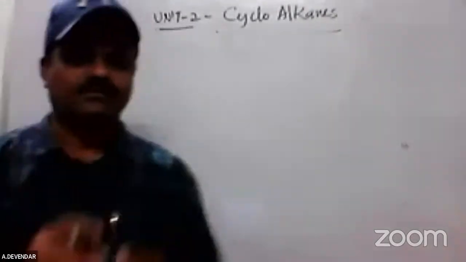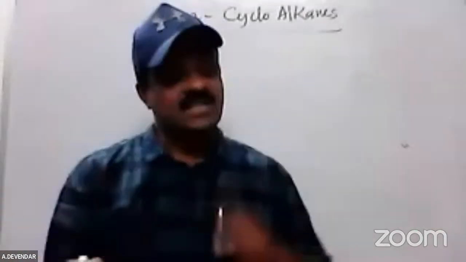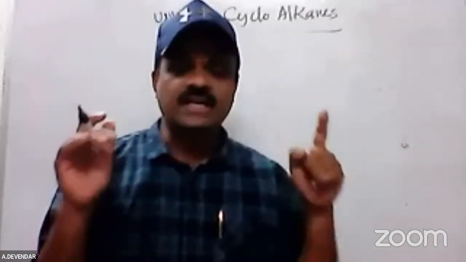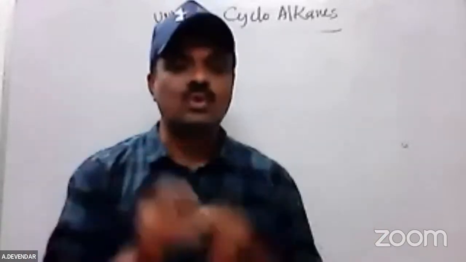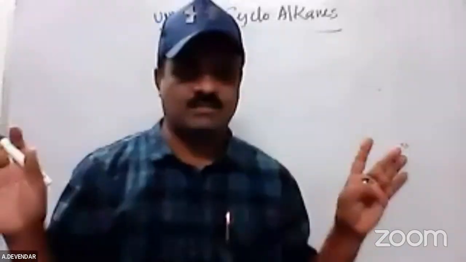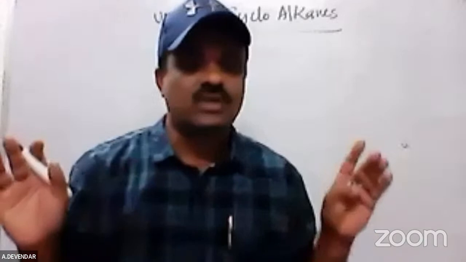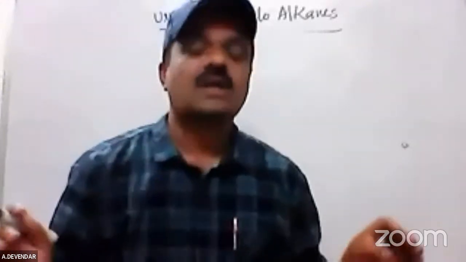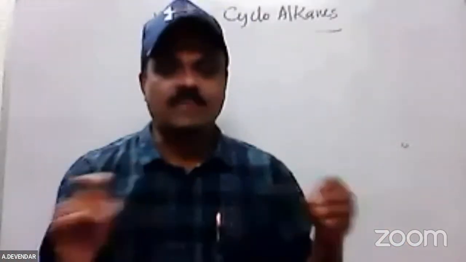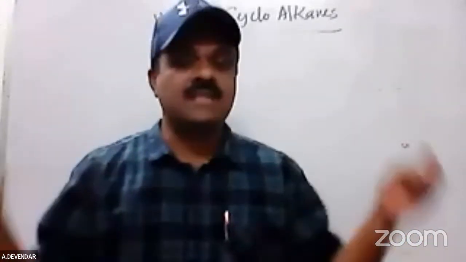What do you mean by cycloalkanes? Already we know that cyclo means closed form, and alkane means saturated hydrocarbon. Saturated hydrocarbons in closed form are simply called cycloalkanes. The carbon atoms are not in a straight chain but in a ring form.